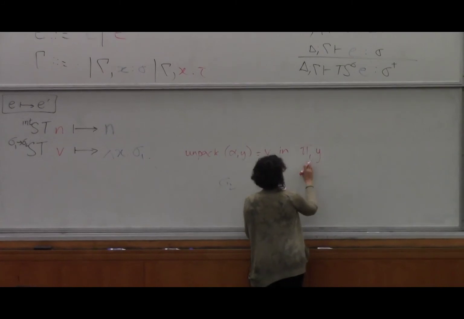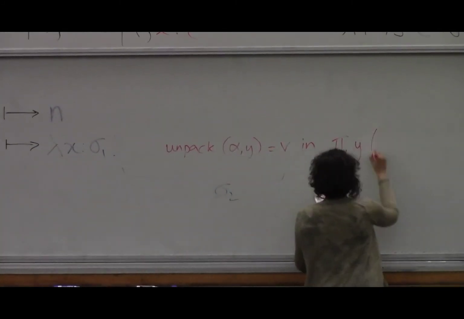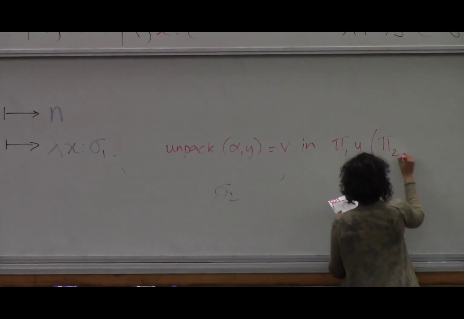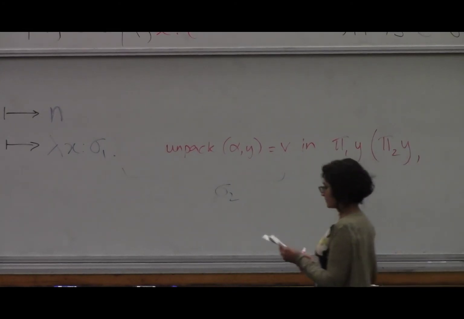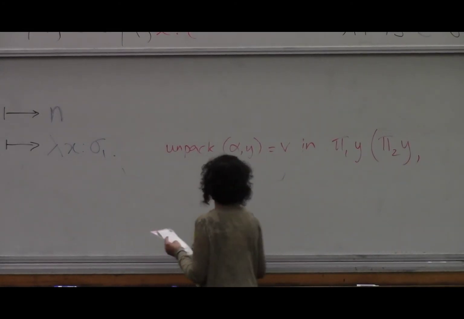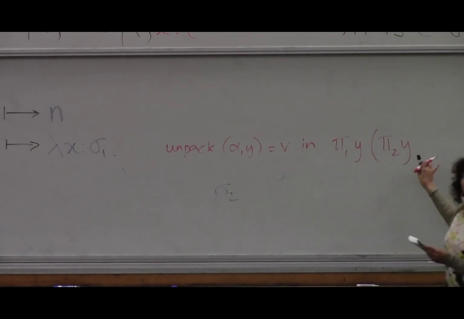So we take the first projection, which is the code, and we apply it to the second projection, which is the environment. And then, what about the argument? What do I apply it to? X, the blue X?